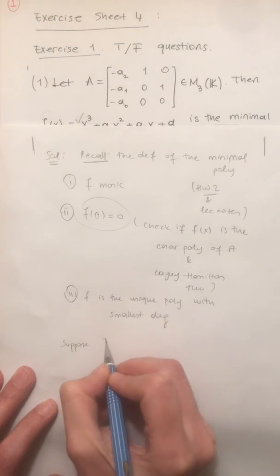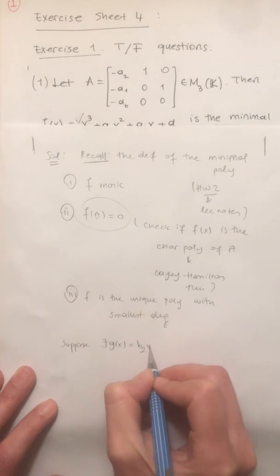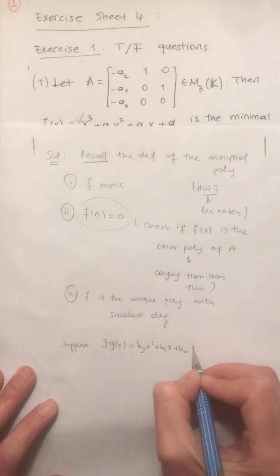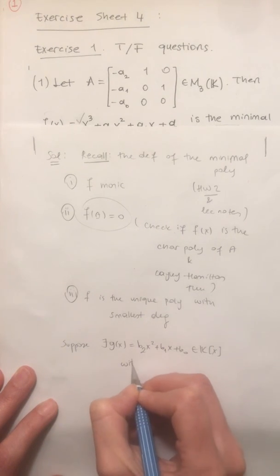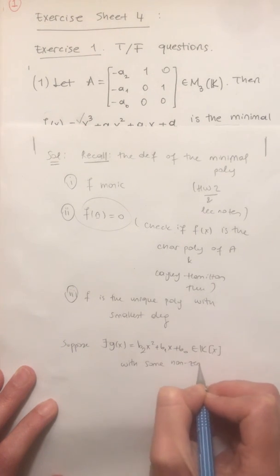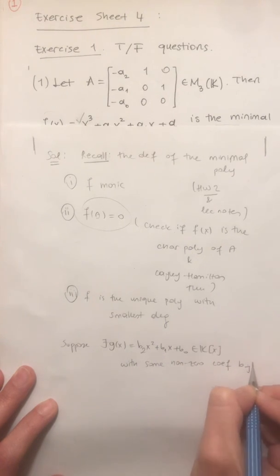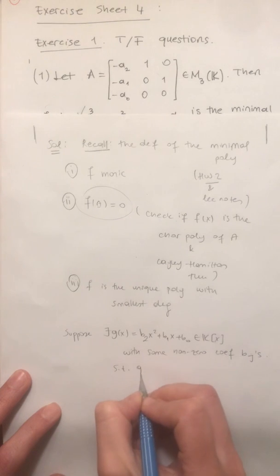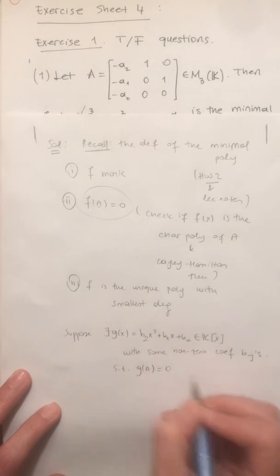So we assume that there exists a polynomial g of x of degree at most 2 with some non-zero coefficients such that a is also a root of this polynomial.